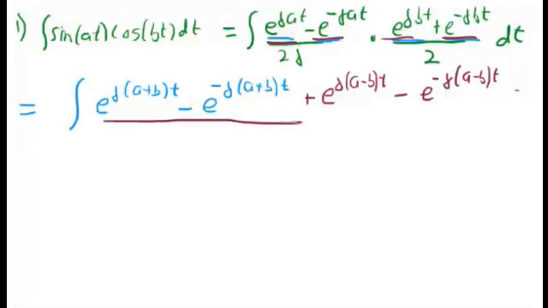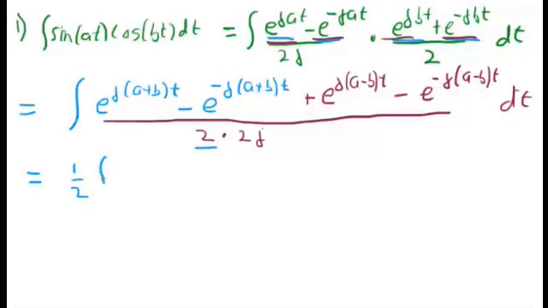We have to put the whole thing over 2 times 2j dt. If you didn't follow my algebra, just write it out yourself. It's easy. I'm going to take this 1/2 right there and put it in front of my integral.